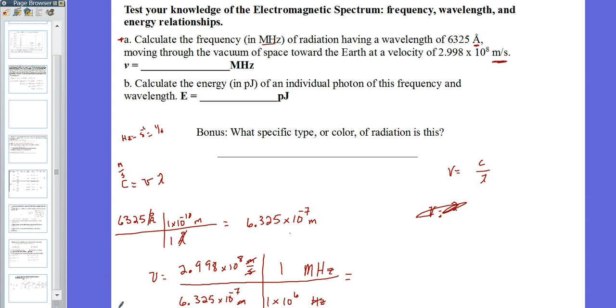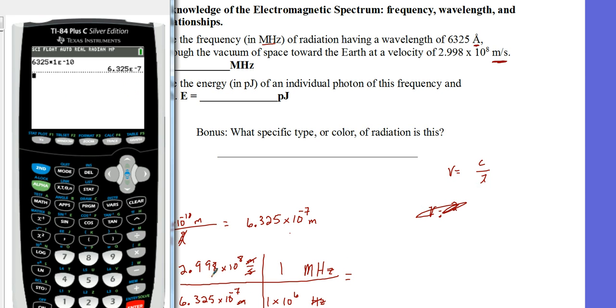So really what you need to do is this is your new wavelength, the bottom number. So I'm going to type in 2.998 times 10 to the 8th divided by this number here.